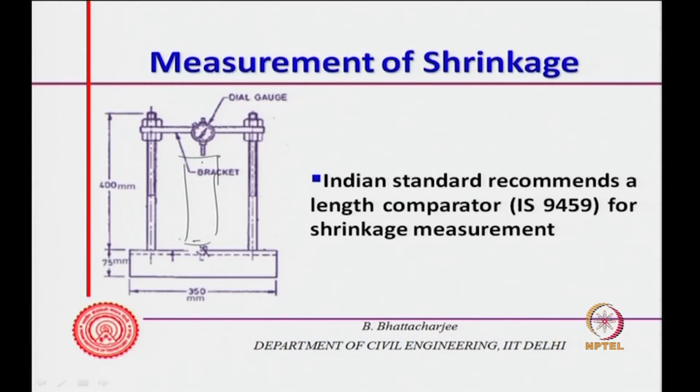Basically, there is a standard reference which is first used to find out the dimension, and you have a Demec point here on the specimen. So, there is a tip which comes and matches, and this dial gauge can tell you what the dimensional changes are. So, this can be used for measuring length change, and if it is a sealed specimen, then that would give you chemical and autogenous shrinkage maybe together.